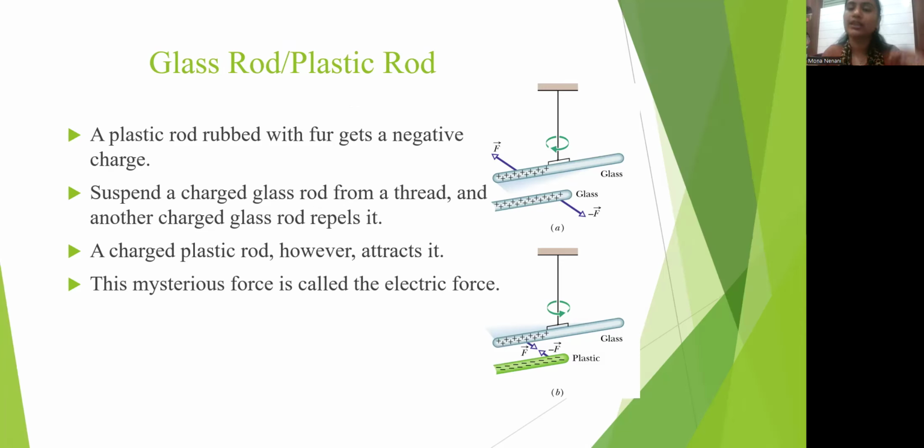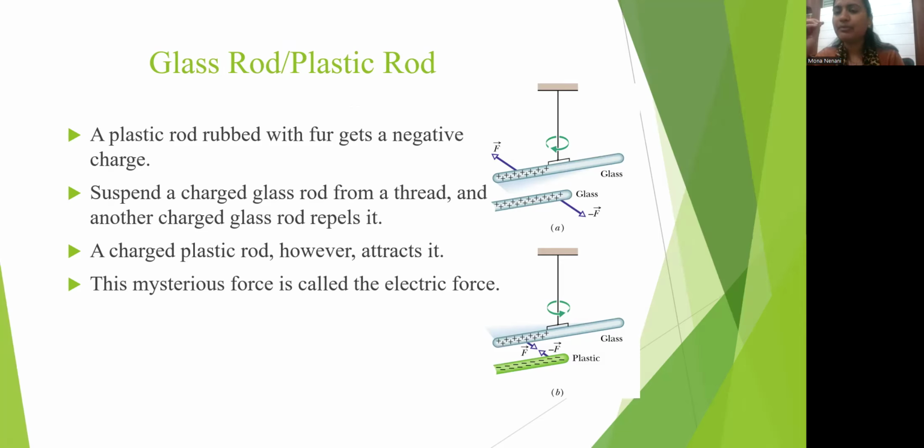So the plastic rod is now negatively charged, whereas the fur transfers its electrons to the plastic rod. That is why electrons are deficient in the fur, and the fur becomes positively charged because the number of electrons is now lower in the fur.